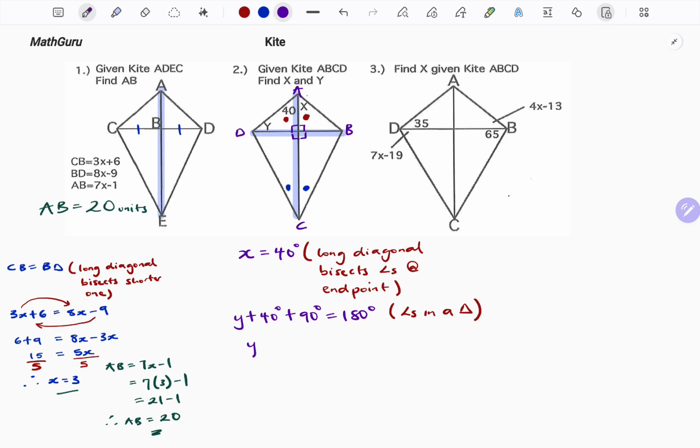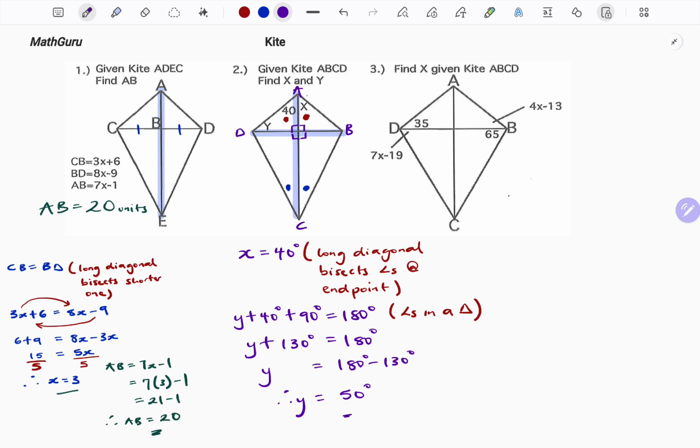Therefore, y plus 40 degrees plus 90, that's 130 degrees, equals 180 degrees. Therefore, my y equals 180 degrees minus 130. The value of y will be 180 minus 130, that's 50 degrees.